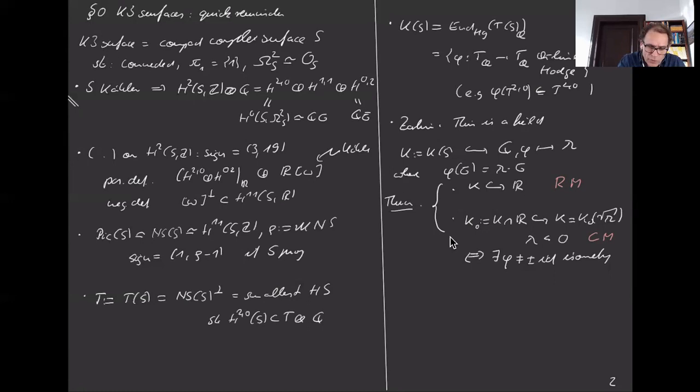There's also a geometric way of seeing this endomorphism field, namely, by definition, the endomorphisms of a vector space are the same as the tensor product of the dual and the vector space.